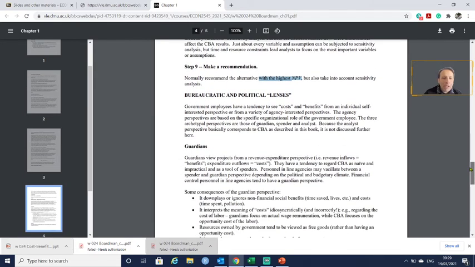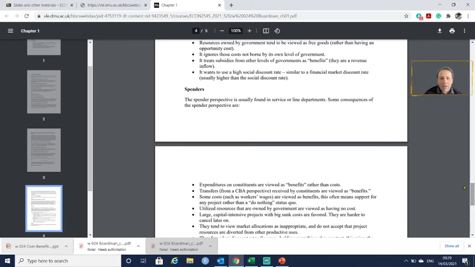We have as well, from another topic in CBA analysis, the bureaucratic and political lenses. On one hand, we have the guardians, and on the other hand, we have the spenders.